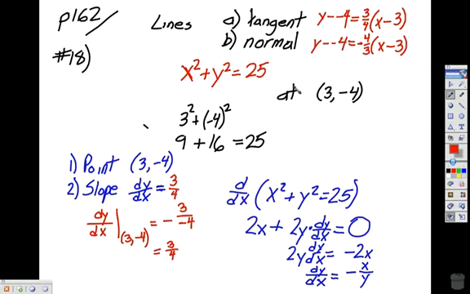All right, well, that's the end of the problem, but just so that we can see it here, it's probably worth looking at the graph so we can verify that that really is the tangent line. We're looking for the graph of x squared plus y squared equals 25. Do you know what that graph looks like? Of course you do. You're so smart and good looking.